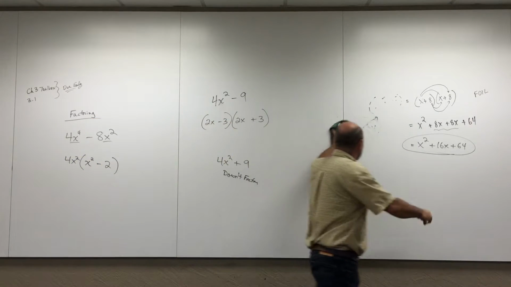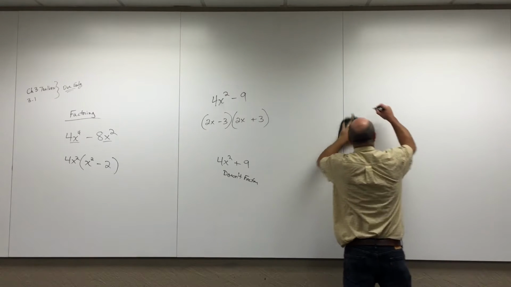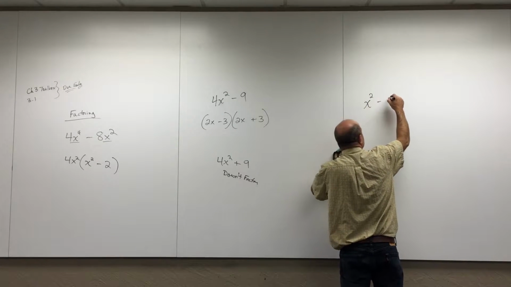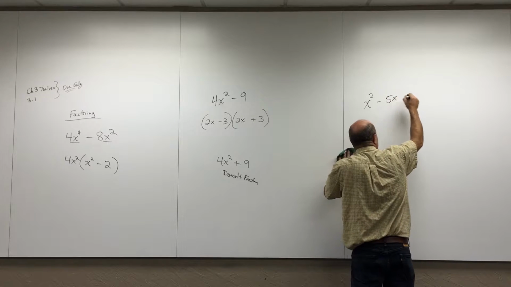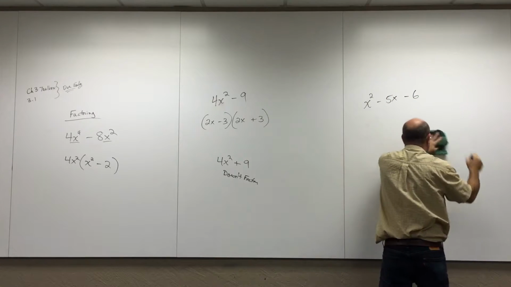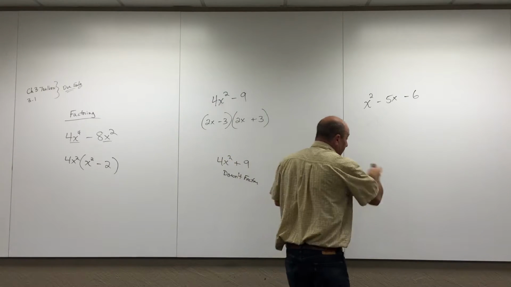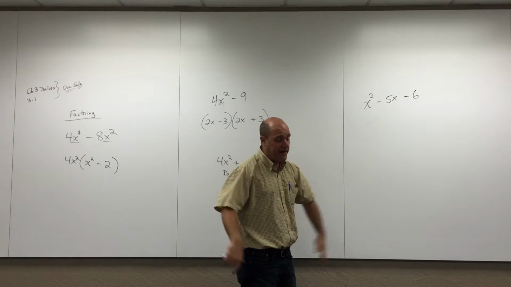But then there's the old typical trinomials that factor like this. X squared minus 5x minus 6. And if it's a trinomial, they don't all factor. Some of them just don't factor.